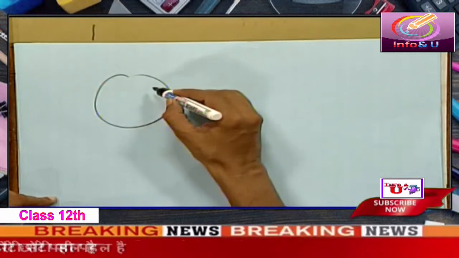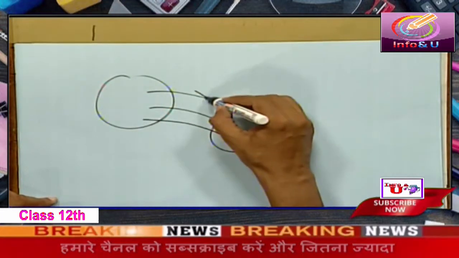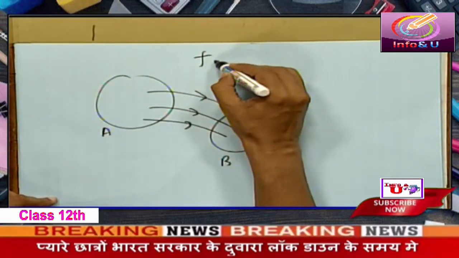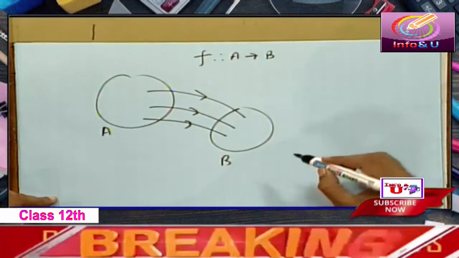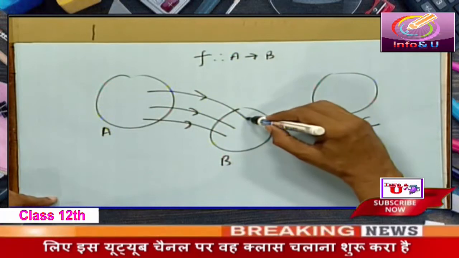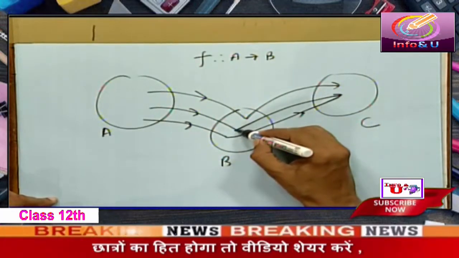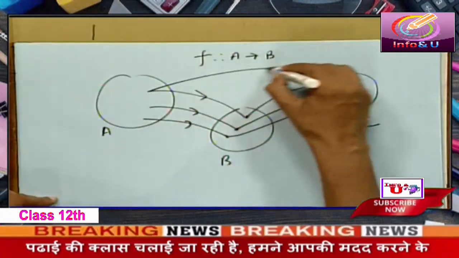For this, let us take one example. We have a function f from A to B. And we also have a function from B to C. Now this linkage of two functions can have direct linkage from A to C like this.